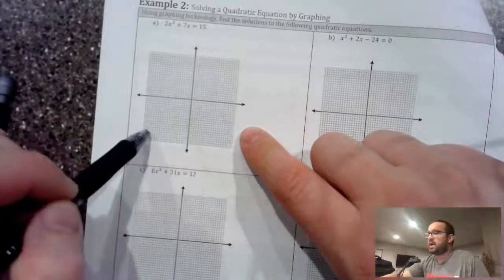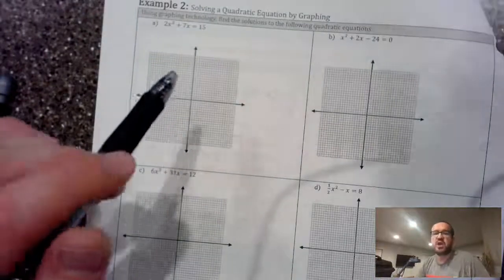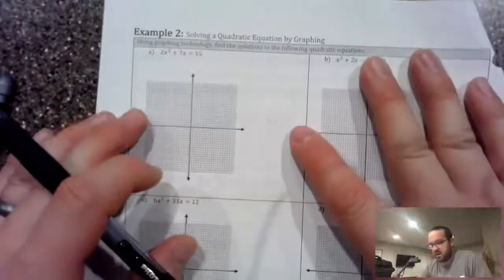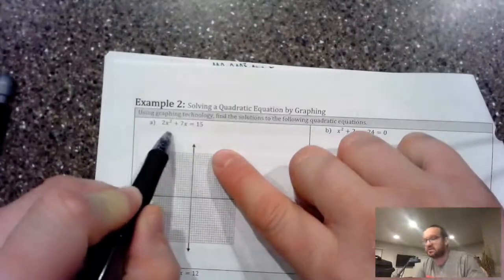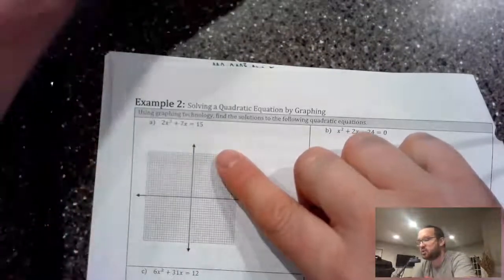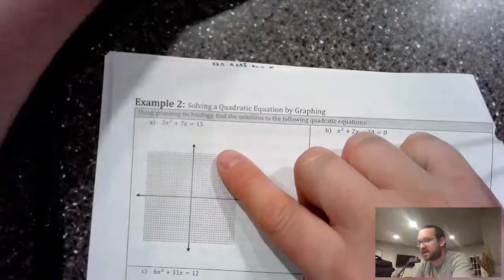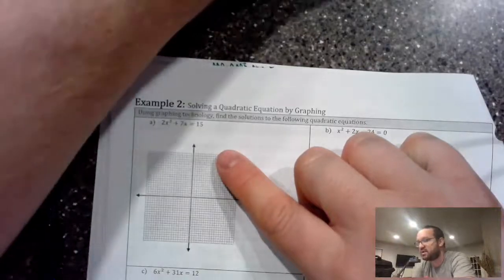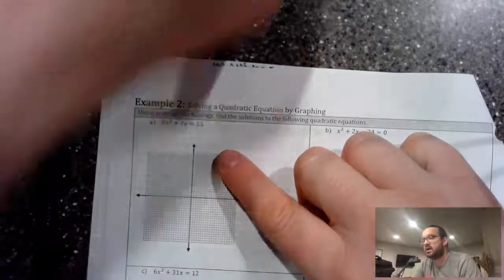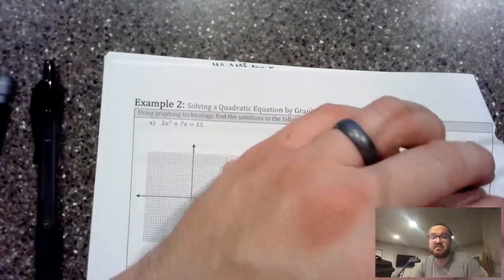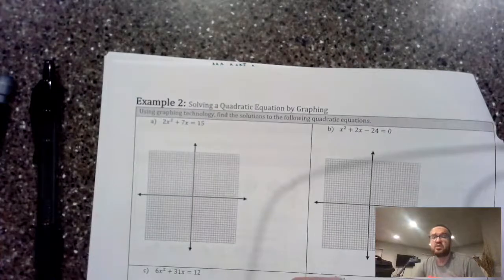But when we look at this, I want to make sure that we know how to put this in here, right? So in this equation, 2x squared plus 7x equals 15, if I just were to write that in there exactly like it shows, there's nothing that's going to be helpful for us when it is written that way. If I zoom out, it doesn't give me a parabola. Here's what I have to do.